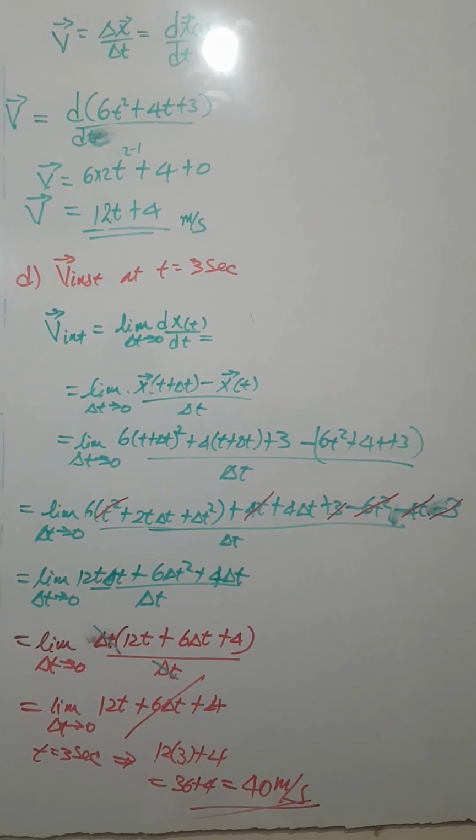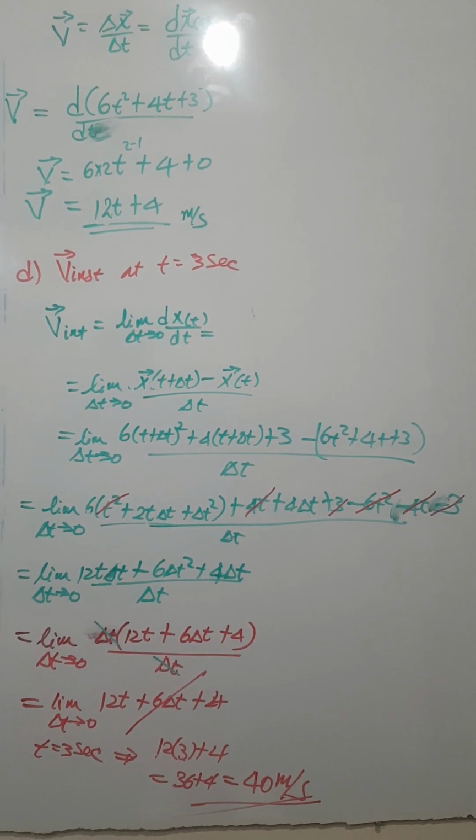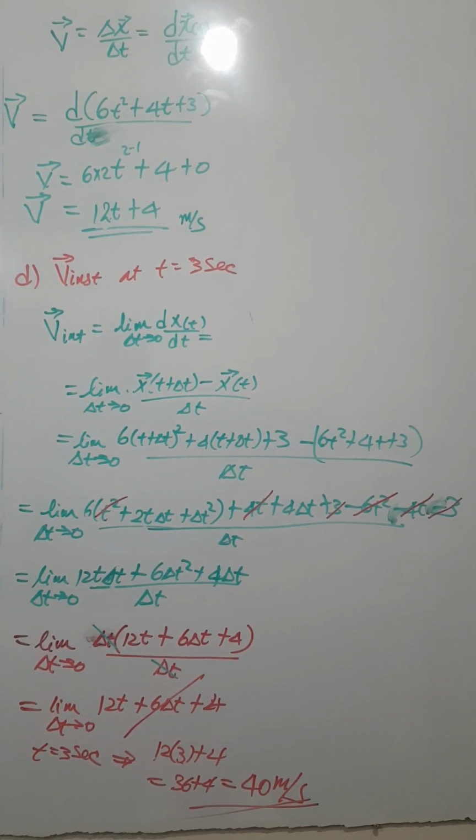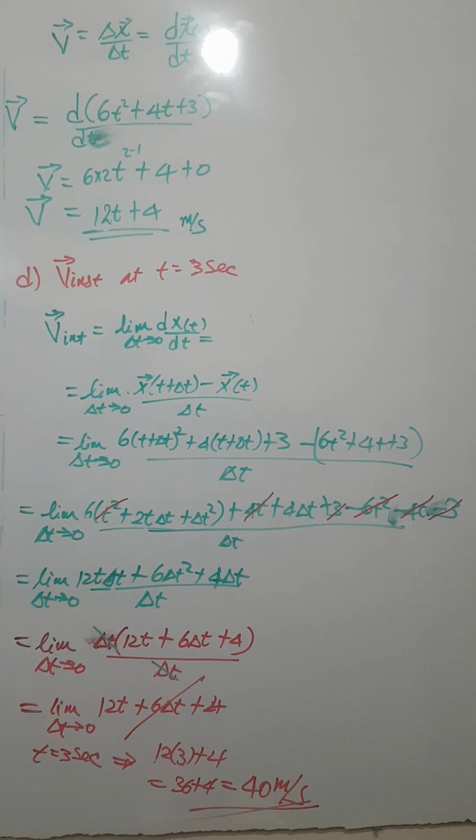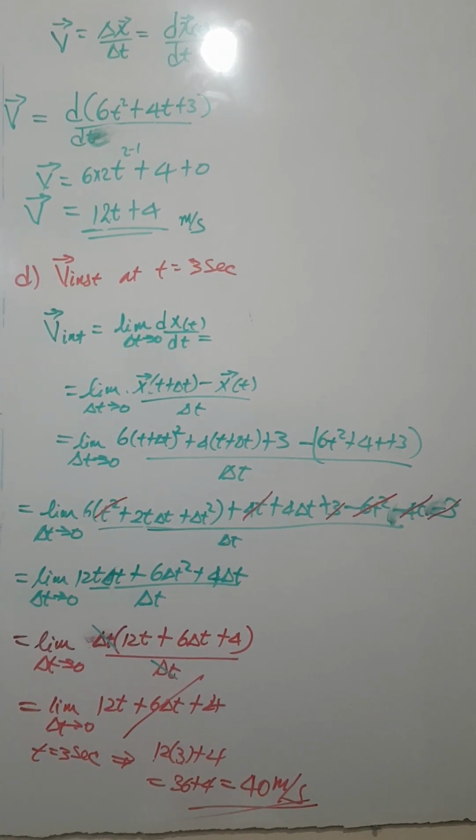So this is the instantaneous velocity at a time of 3 seconds. This is to show you another way we can find the instantaneous velocity.